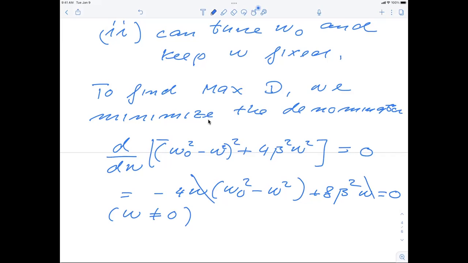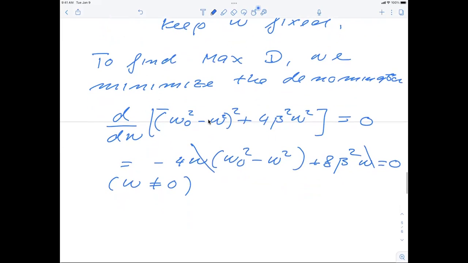Having a driving force means that we must have a frequency which is different from 0. Else it doesn't make much sense to define a driving force. So when we do this, what we find is that omega squared is given by omega 0 squared minus 2 times beta squared. So that's the value for omega.